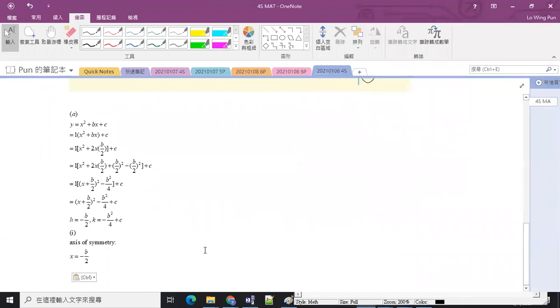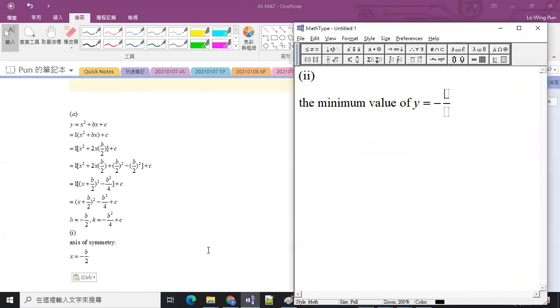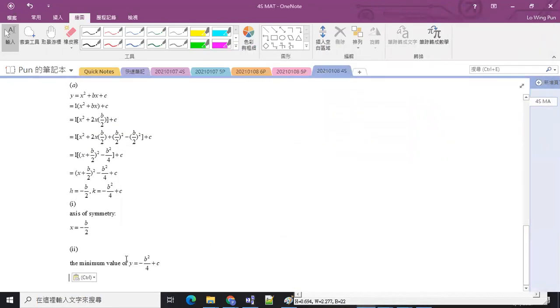Okay, so that should be negative B squared over 4 plus C. That is also in terms of B and C. Can you get this? Okay, so this is part A.